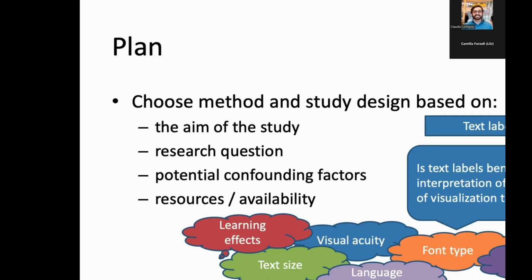Also, your resources and availability. How easy is it to recruit participants to an evaluation study? What do you think? They don't line up outside your office, right? And especially not if you need participants with specific characteristics. Students, I mean, we're at the campus, we can recruit a lot of students. But are they the right sample for a study?